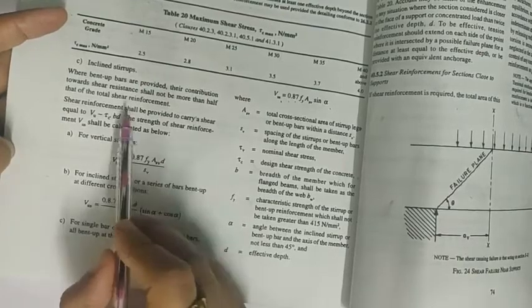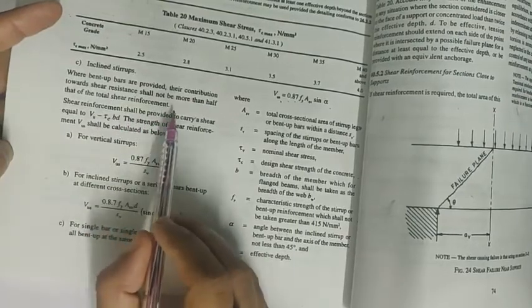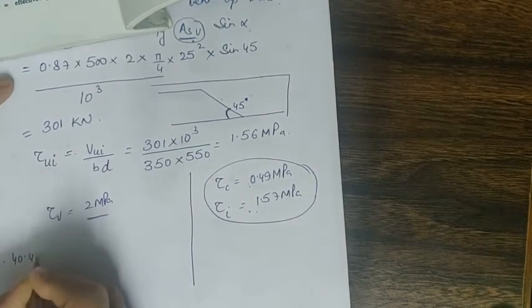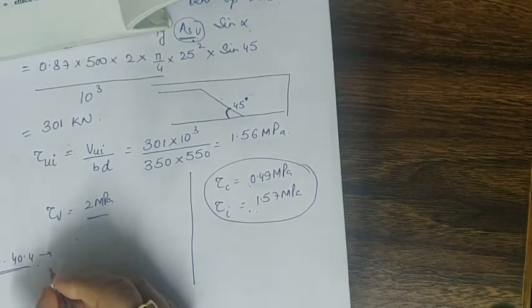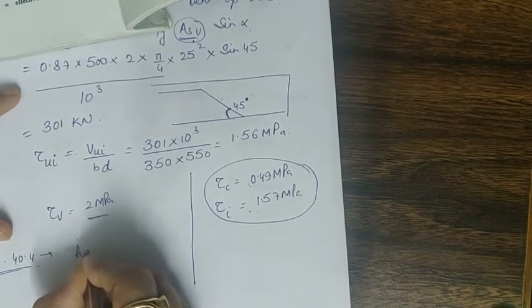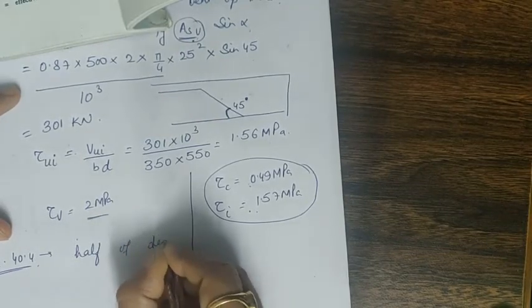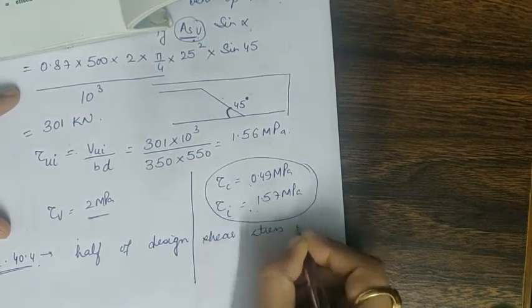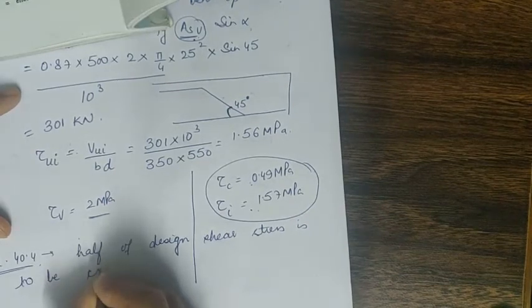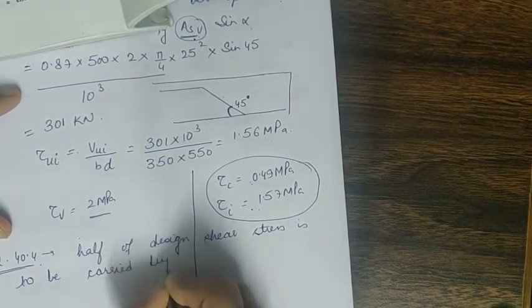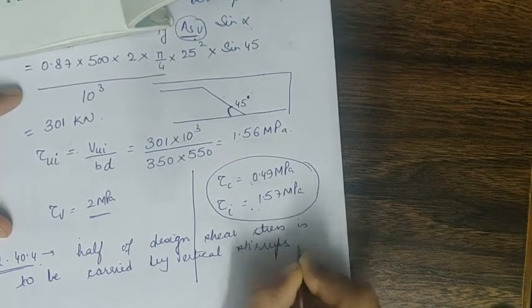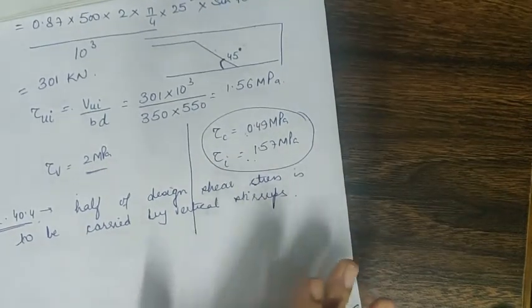So it means shear reinforcement is to be provided for at least half of the design shear stress. So what does the code say? Clause 40.4, that half of the design shear stress is to be carried by vertical stirrups. This is the code ensuring that we provide some minimum vertical stirrups.